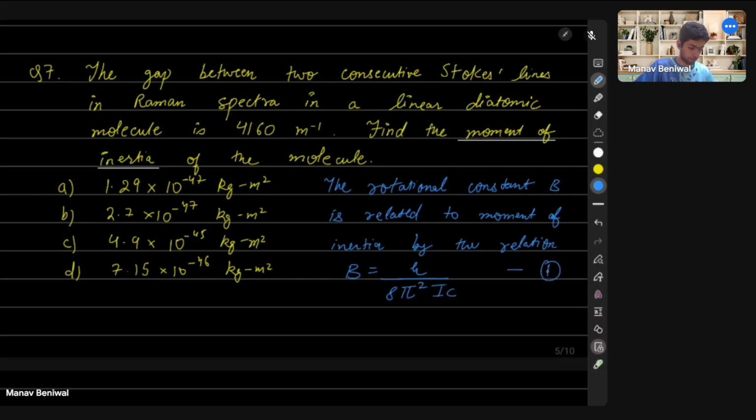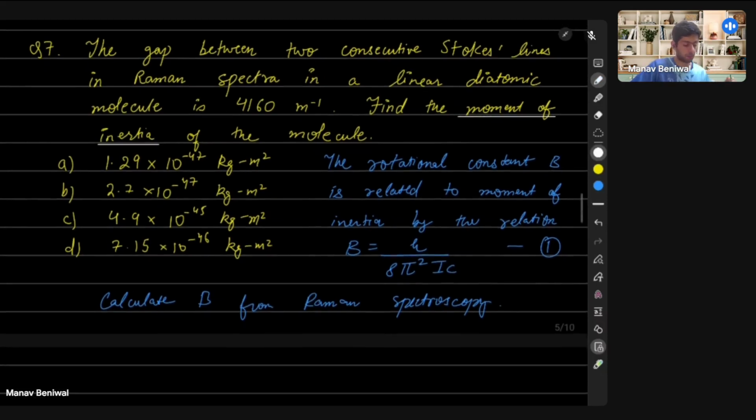Let's call this the first equation. So this question boils down to finding out B. We will calculate B from Raman spectroscopy and then use this B to find the moment of inertia. Okay, so let us begin.